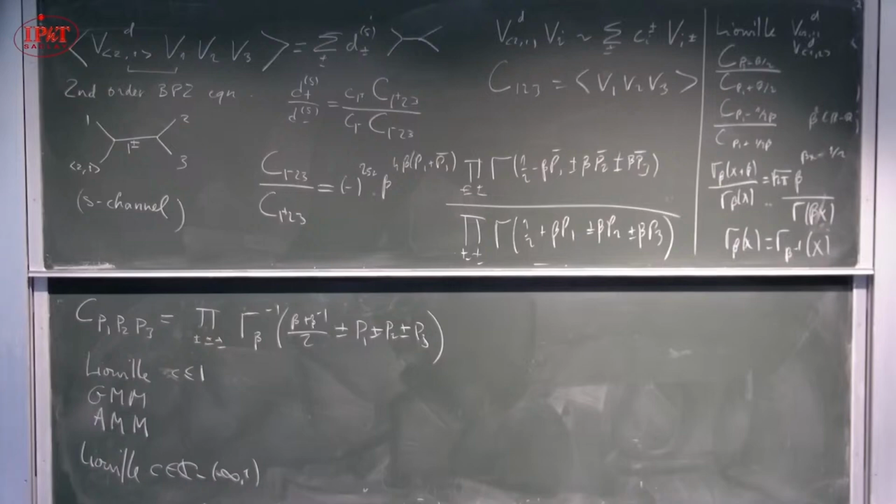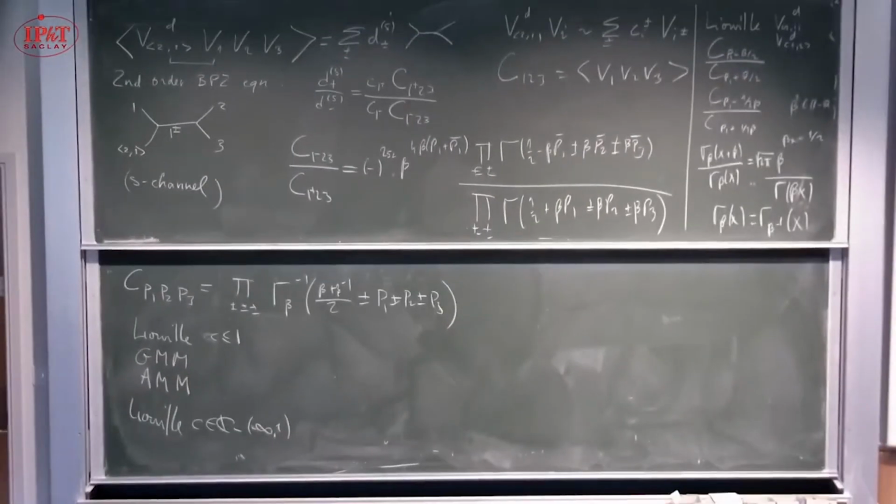But that's not true. So do you see why? Or at least why it cannot be true for the whole complex plane of central charges. Well, okay, it's not a tricky question. When c is real less than 1, does the same thing as beta being real?